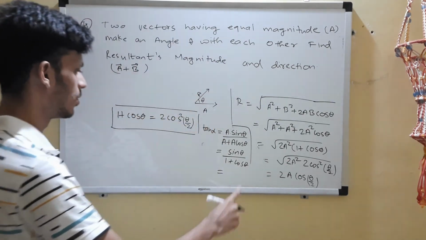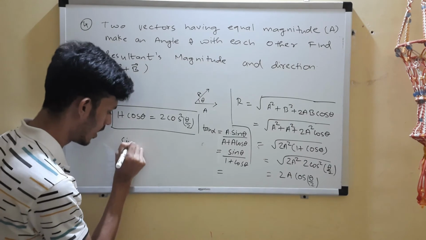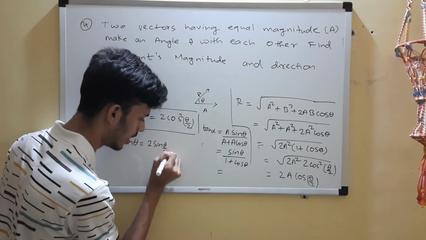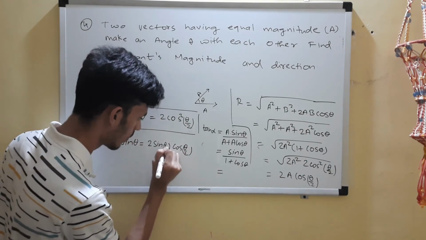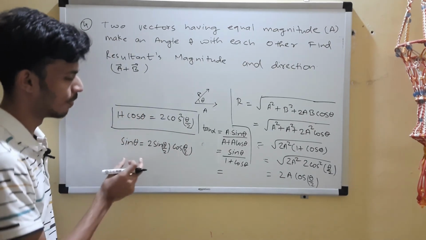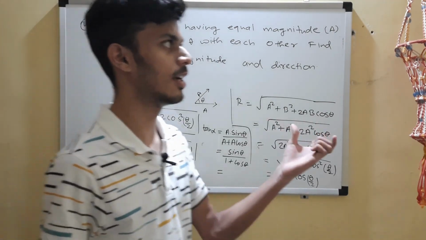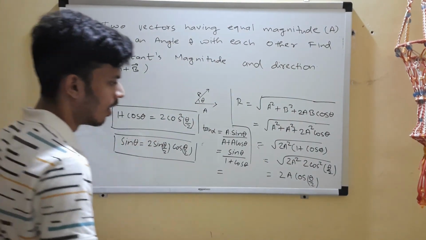Okay, now you see 1 plus cos theta, you will put this, and in place of sin theta, I guess you will know this, 2 sin theta by 2 cos theta by 2. This is another identity. Okay, so basically you will know it in the format sin 2 theta. Sin 2 theta is 2 sin theta into cos theta. So this way also you can remember it.